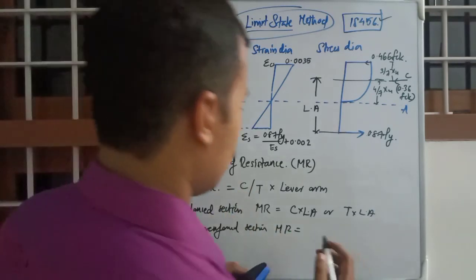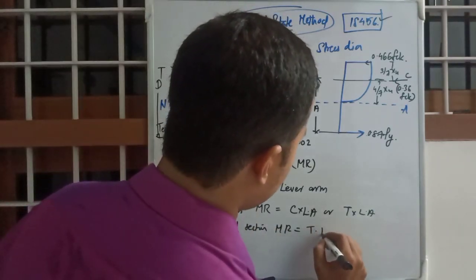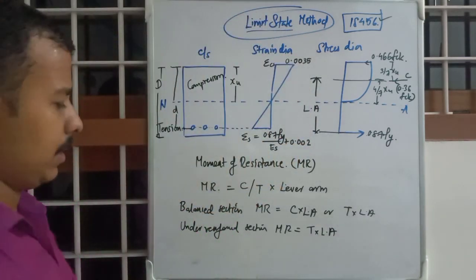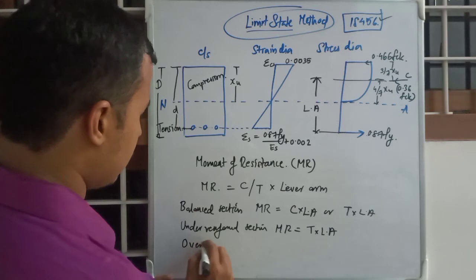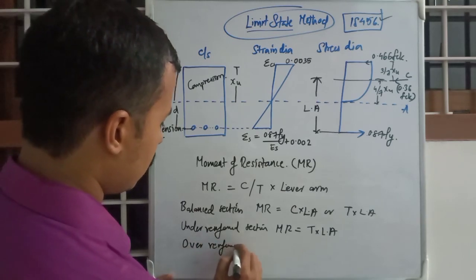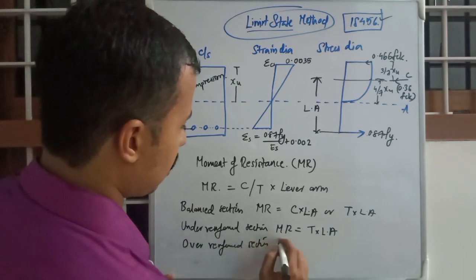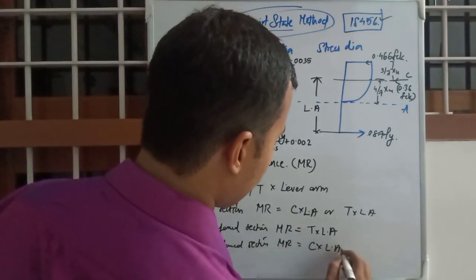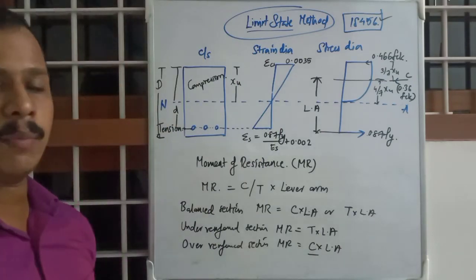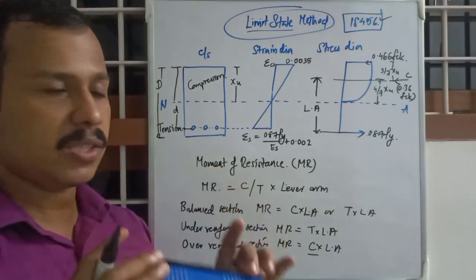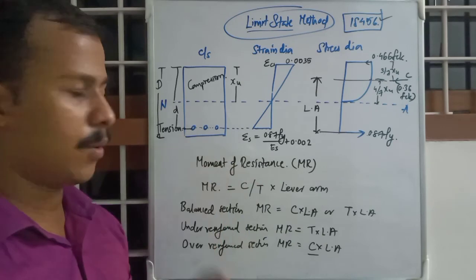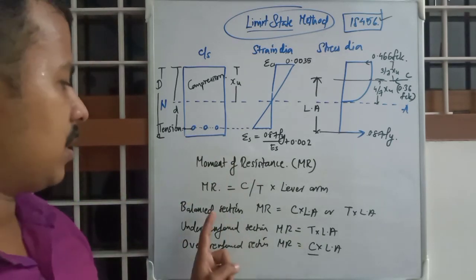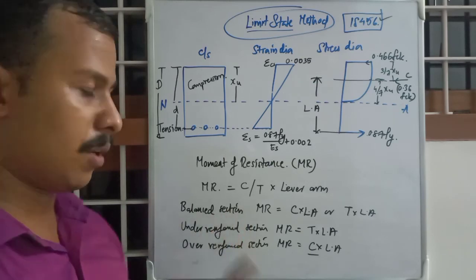And as you can guess, in an over reinforced section, moment of resistance will be equal to C into LA, because concrete will attain limit state first before steel. Don't worry about all the equations for balanced, under reinforced or over reinforced sections.